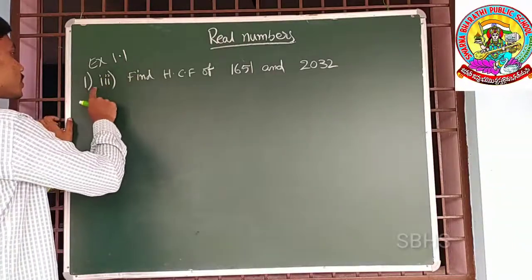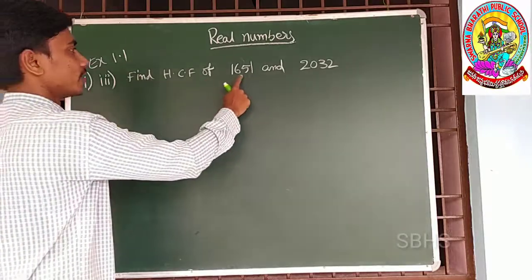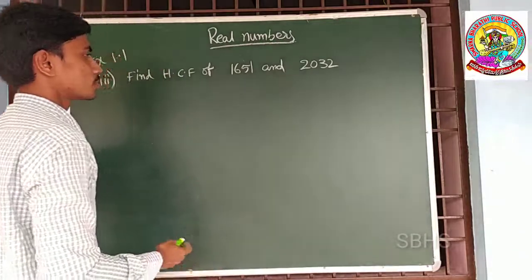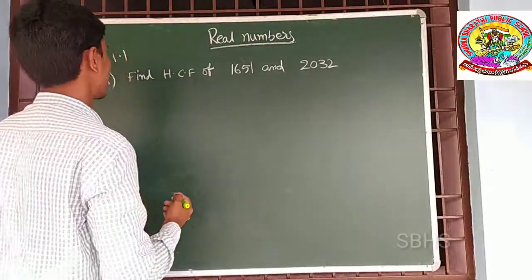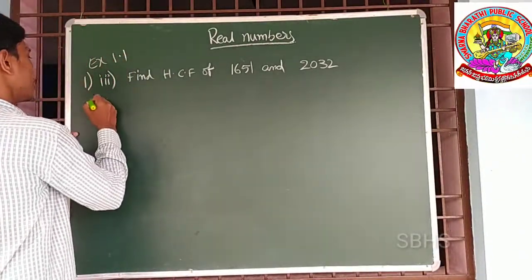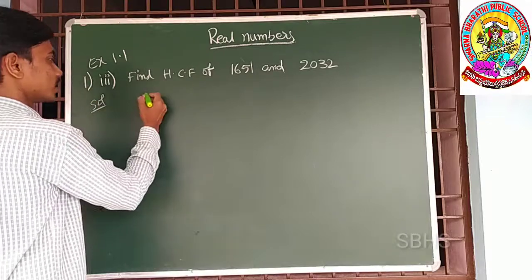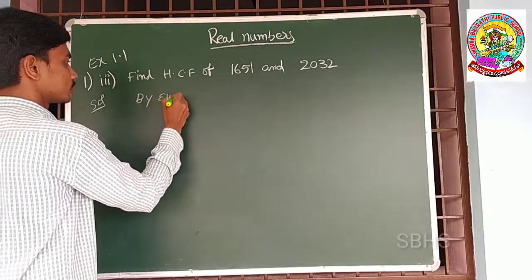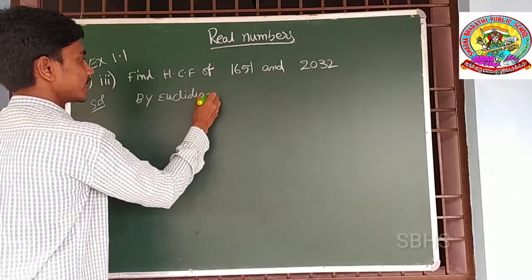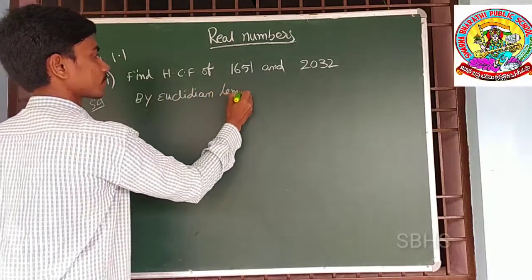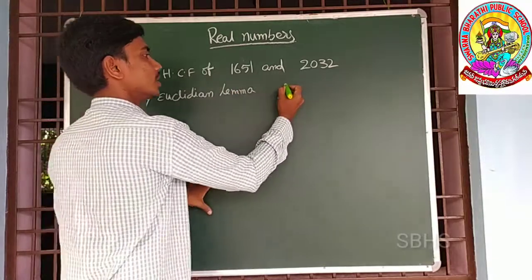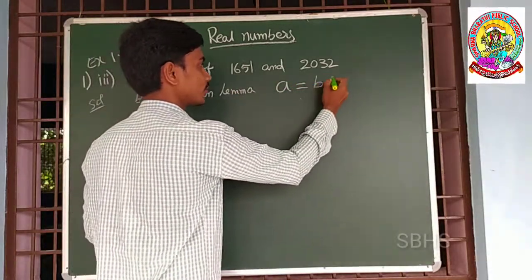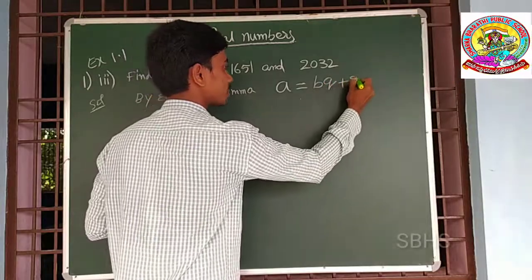Exercise 1.1, first and third. Find the HCF of the given numbers 1651 and 2032. So how to find the HCF by using Euclid division lemma. Solution. What does the Euclid lemma say? Positive integers a and b have a relation a equals bq plus r.